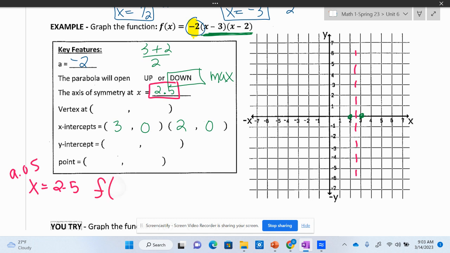F of 2.5 equals -2. I'm just replacing x. So x minus 3 becomes 2.5 minus 3. And x minus 2 becomes 2.5, whoops, sorry, minus 2.